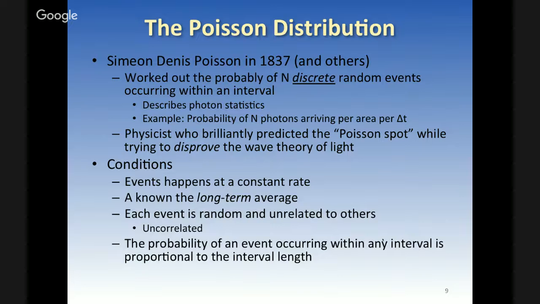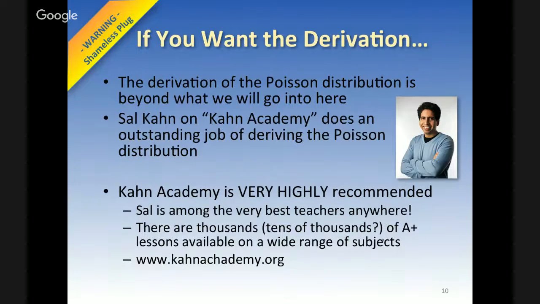Now I'm going to disappoint you if you wanted to see how the Poisson distribution is derived, and I'm going to put it off on, I'm going to give you a shameless plug here for the Khan Academy. For any of you who haven't done the Khan Academy, Sal Khan is just one of the best educators and the best guy I know of to explain things. If you go to the Khan Academy and type in Poisson distribution, Sal Khan gives a wonderful derivation. He does it right off the top of his head, and it's just brilliant. I will never do it as well as he does, so I'm not even going to try here.